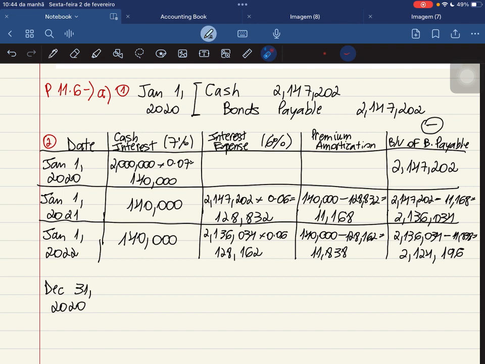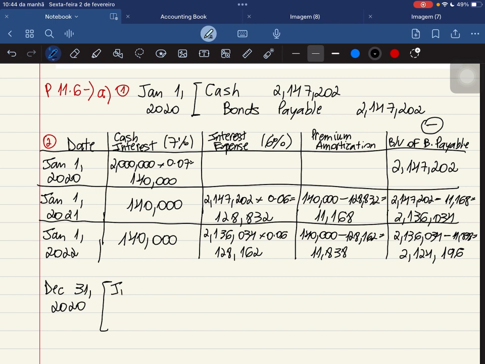Because this is the beginning book value of January 1st, but we're looking at December 31st of 2020. So from January 1st to December 31st, 1 year has passed. So this would be the last book value, but we actually don't want to know the book value. We want to know the premium amortization. So it would be this number over here.